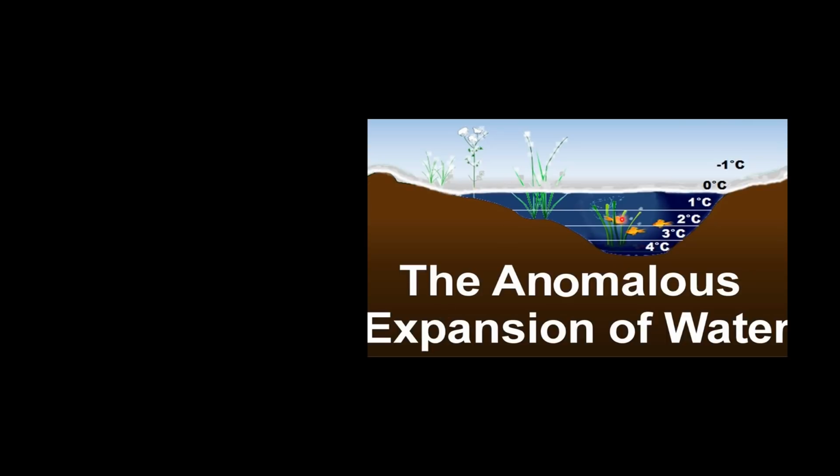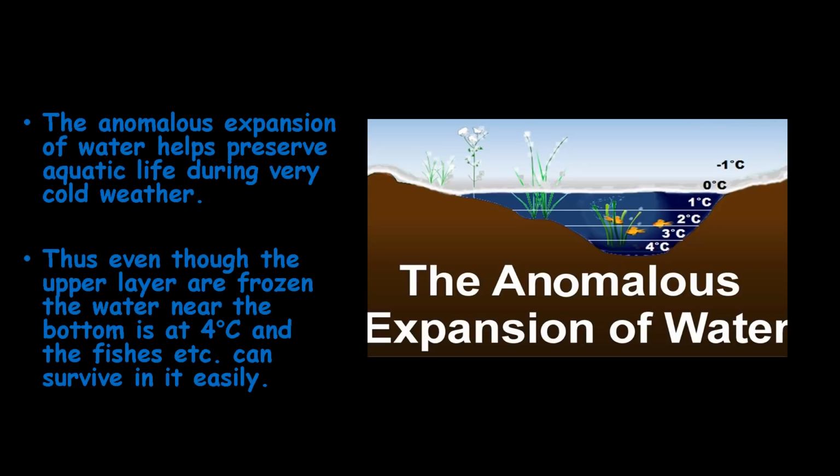The upper layer of water freezes and its temperature remains at 0 degrees Celsius, and all the aquatic and marine life can survive easily below this frozen surface, and the water which is below this frozen surface is at 4 degrees Celsius. So all the aquatic creatures remain alive in water in the pond or the lake in winter season in the cold countries. So this is anomalous behavior of water.